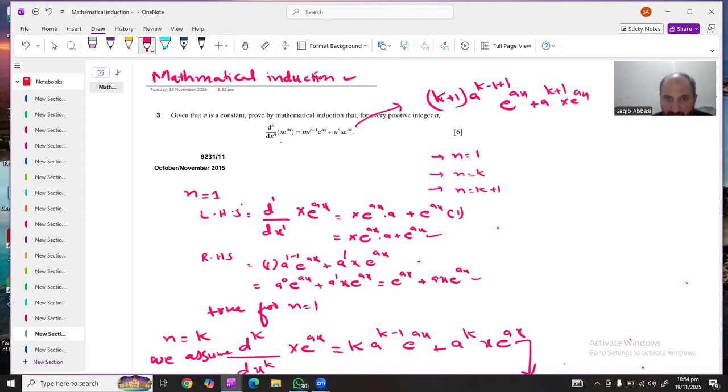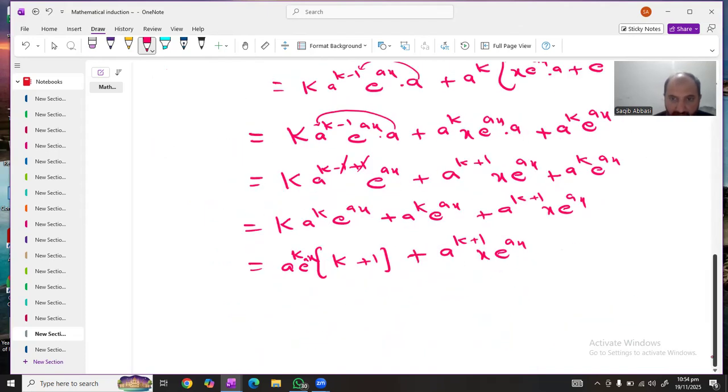This is all required. This is our right hand side, so the right hand side is proved. This is our required answer.